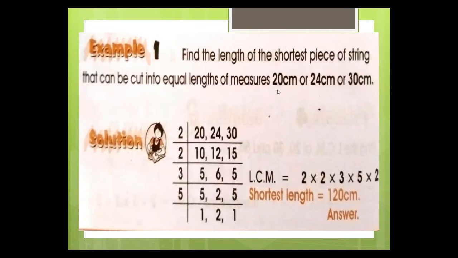If you have to find the shortest length between any two or three numbers, in this case you have to find the LCM. So here in the mathematical sum you have the numbers 20, 24 and 30, and by using these three numbers you have to find the LCM, which is the shortest length of the string.